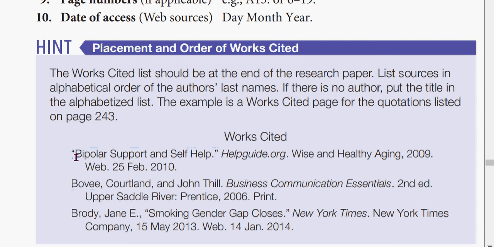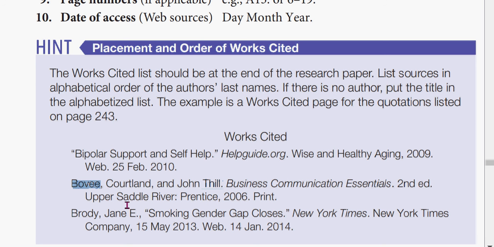I put it in quotation marks. And in the paper, I also have to use this as the in-text citation. That gets tricky sometimes, because Bovey is one name, Brody is one name, very easy for citing. Oh, here there's two names, Thill and Bovey.